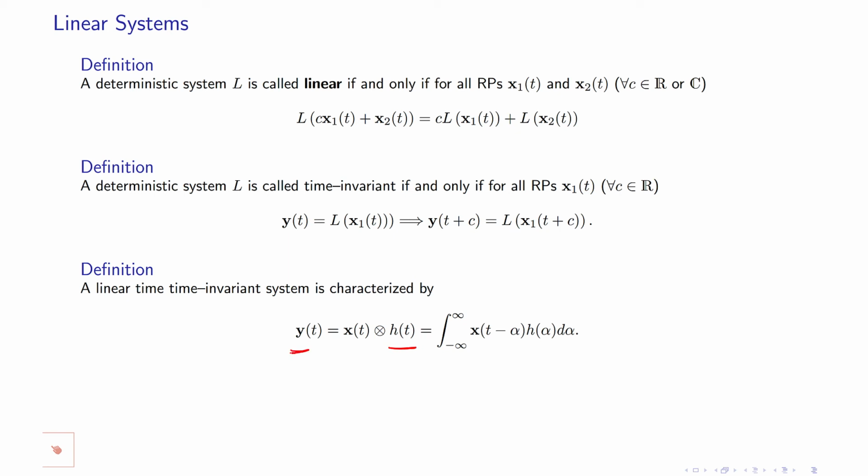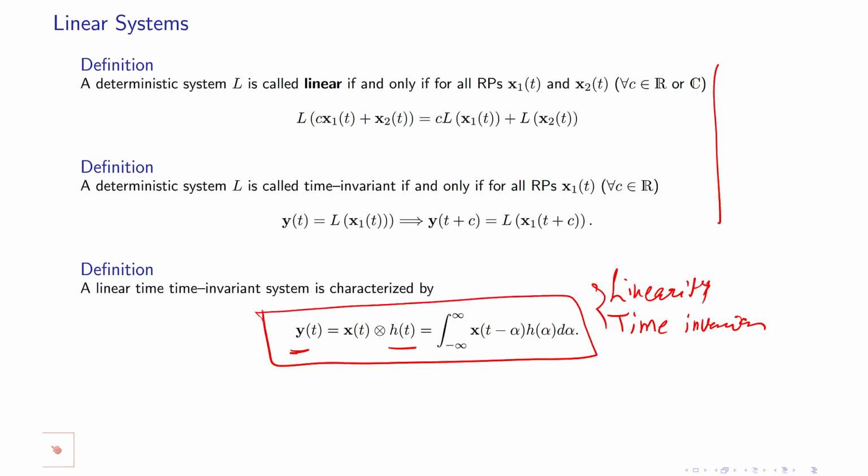So if you have both linearity and time invariance, that means that you are at the intersection of these two systems, and then the output can be written in this form. So that means that for any linear time invariant system, there exists h(t) such that the output is equal to this one, and this is an integral.